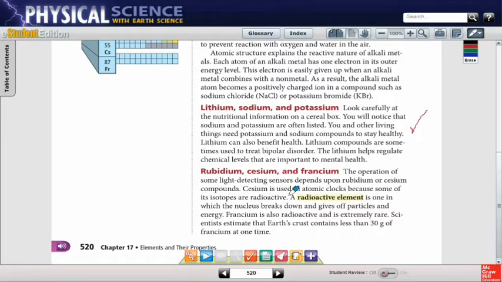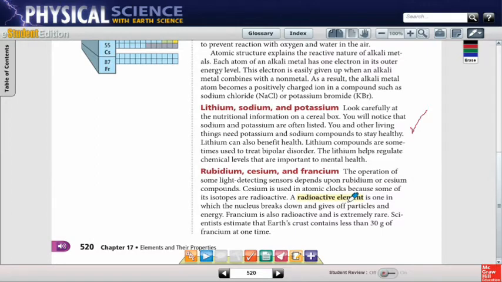Cesium is used in atomic clocks because some of its isotopes are radioactive. A radioactive element, as a definition, this is what you have to write down: a radioactive element is one in which the nucleus breaks down and gives off particles and energy. Listen to what it's saying.